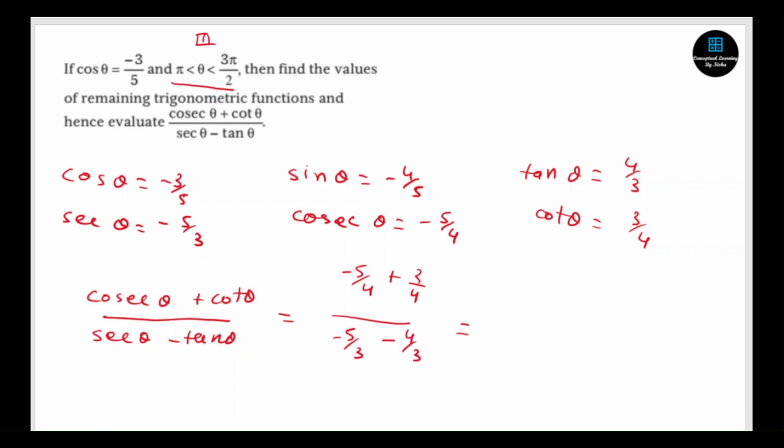So what do we get when we simplify? Negative 2 over 4, which is minus 1 half, upon minus 9 upon 3, which is minus 3. So you will get minus minus plus 1 upon 6. So my answer is 1 upon 6 for this. So be careful when you put these values and simplify this.